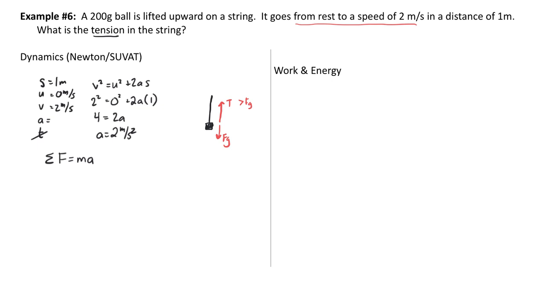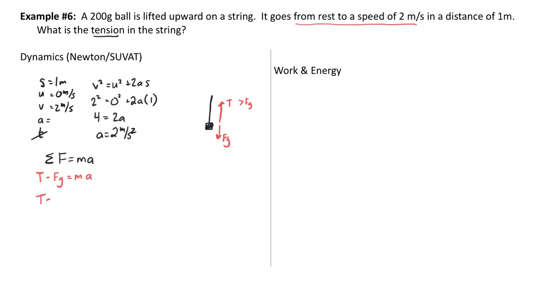So instead of just putting tension there, I need to put tension minus the force of gravity. Tension is up, force of gravity is down, and the acceleration was upwards. Now I can put those numbers in.